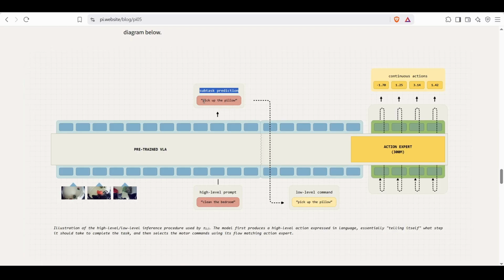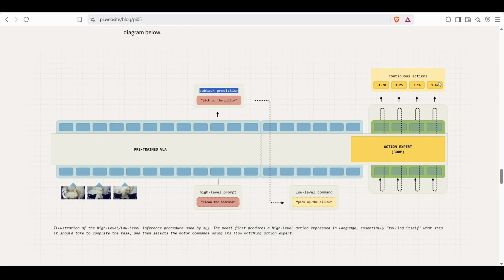You say, okay, I first go and fold some t-shirts, put a blanket over the bed, pick up toys off the ground, whatever. But those are subtasks. They're like bullet point instructions for how you would coherently, all together, clean up a bedroom. And they use that subtask along with both the high-level prompt and the images to actually generate the action.